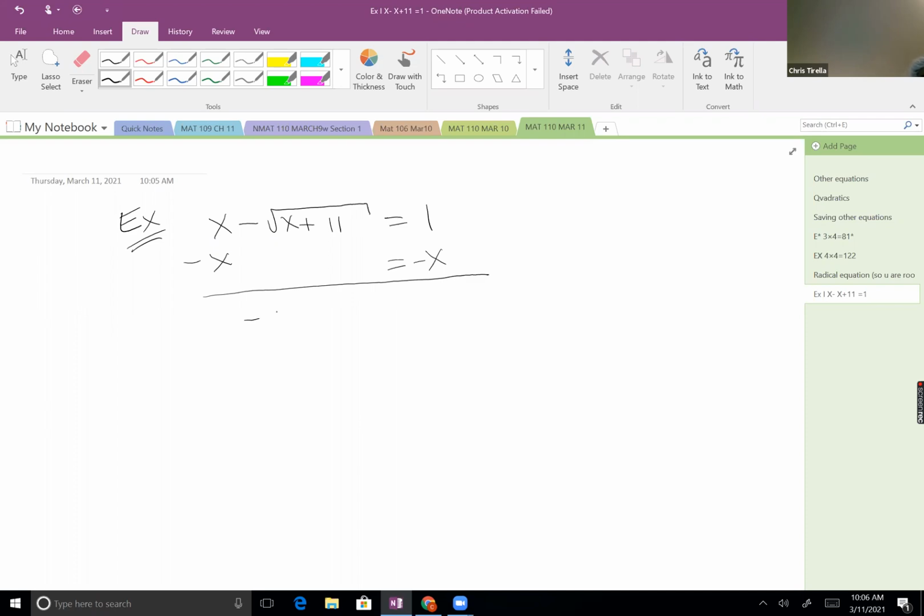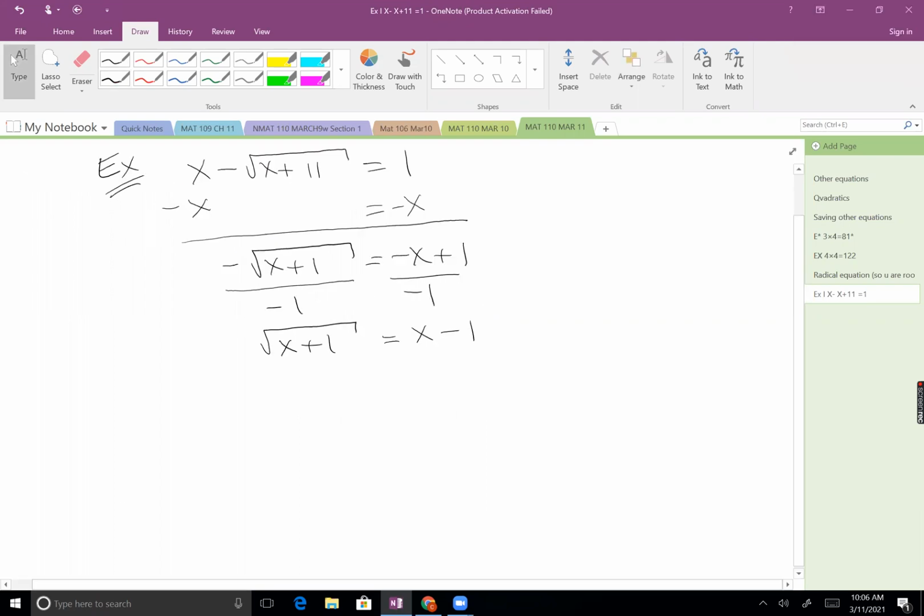That gives me the negative of the square root of x plus 11 equals negative x plus 1. Just to make it look nicer, the radical has a coefficient of negative 1, so let's divide both sides by negative 1. So I get that the square root of x plus 1 is equal to x minus 1.